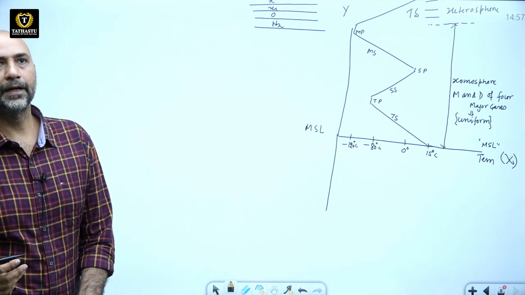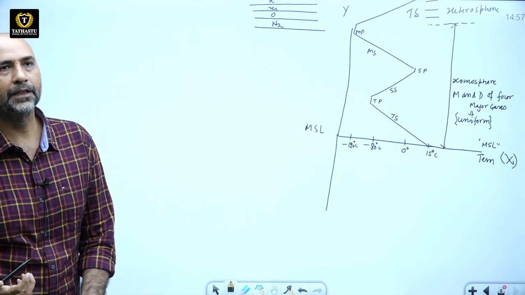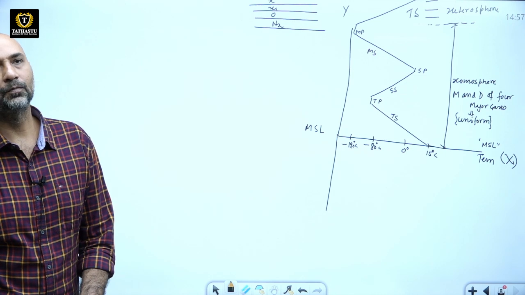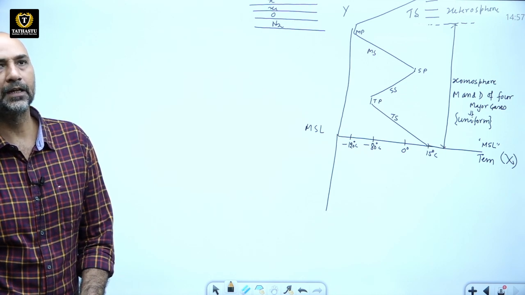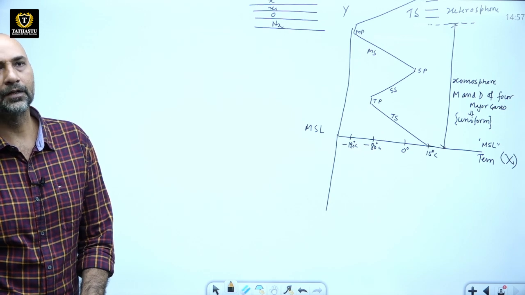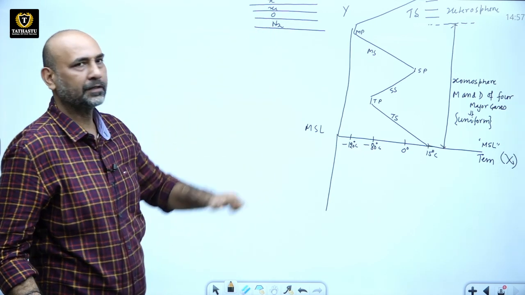Heterogeneity occurs because here is differentiation of the thermosphere into atmospheric layers dominated by nitrogen molecule, oxygen atom, helium atom and hydrogen atom. Remember that it is molecule, it is atom.